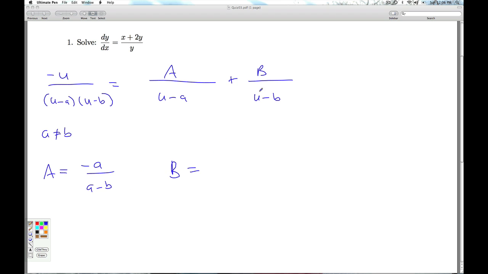For the coefficient big B, I know that it's little b that makes this denominator 0. Cover up that factor, I get little b over little b minus little a.